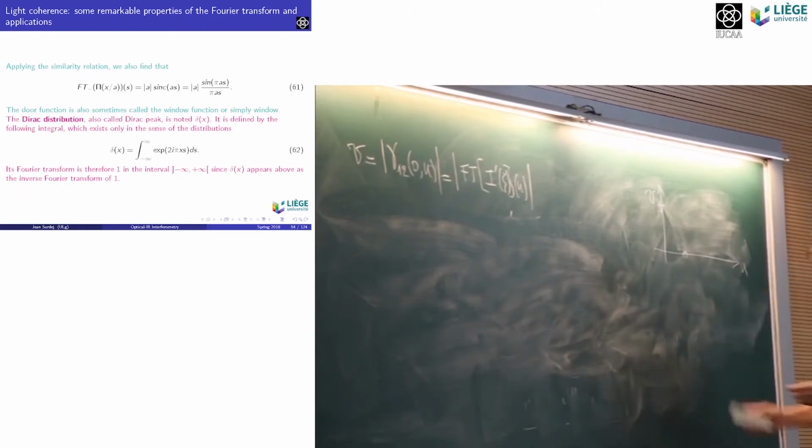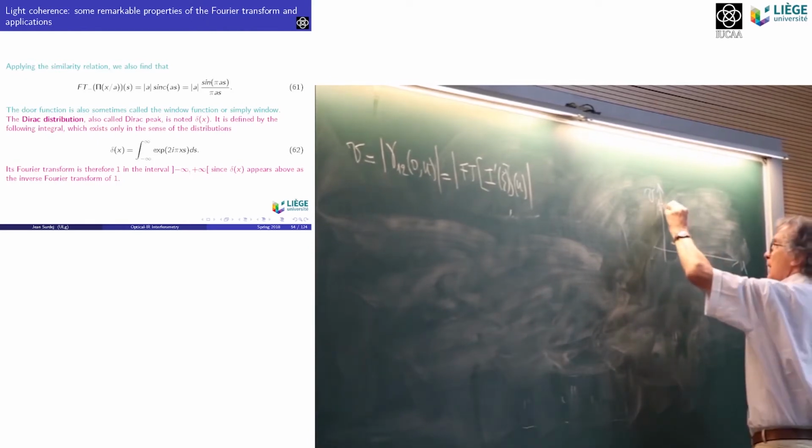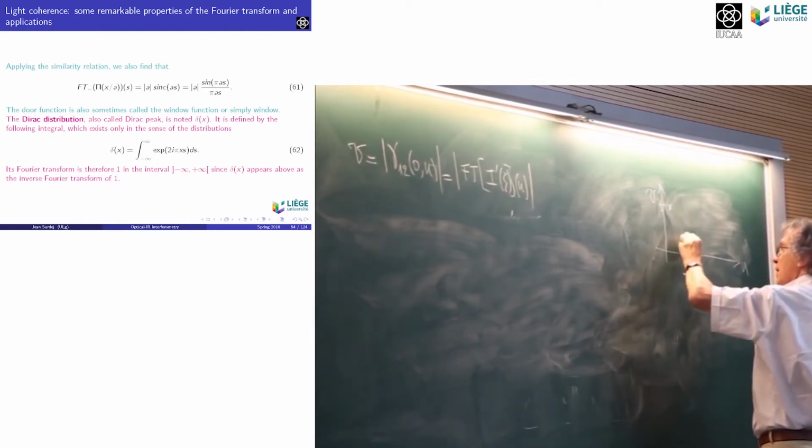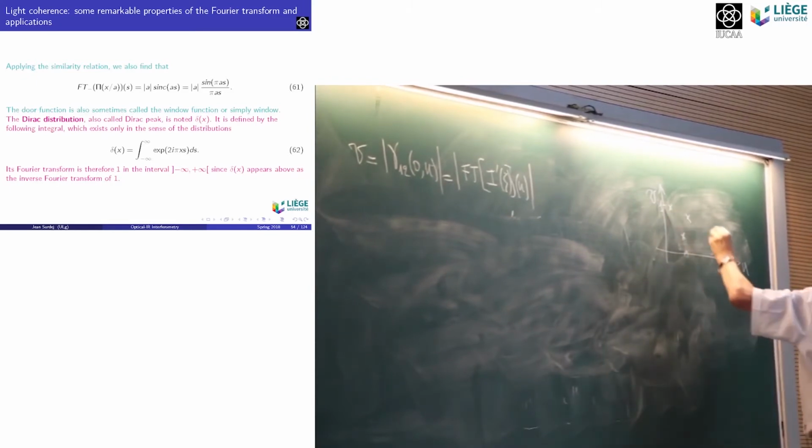Let's assume that I make a visibility measurement. I look at an object here, and this is what I obtain here, then here, then here, and then here. This is what an observer would do.